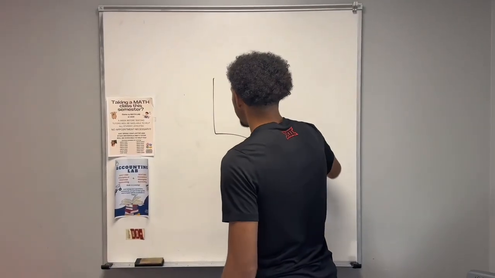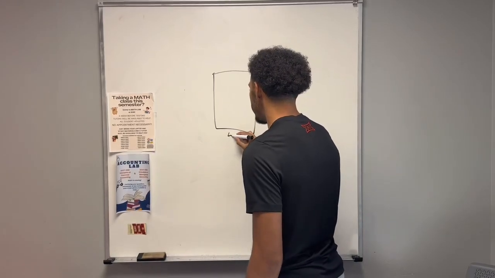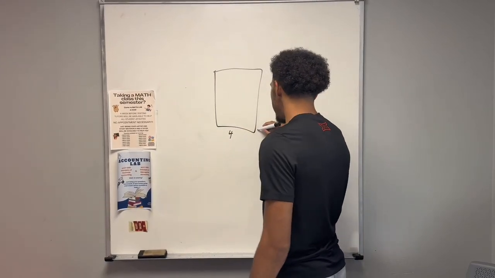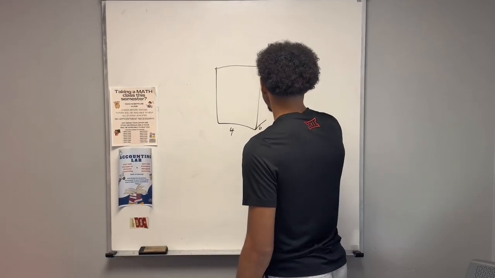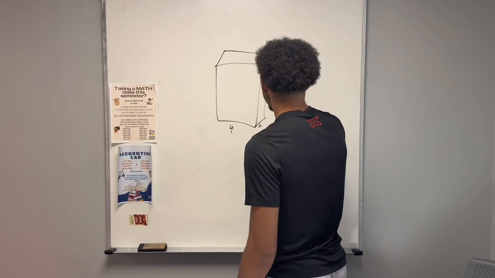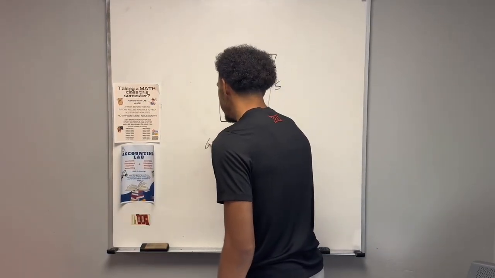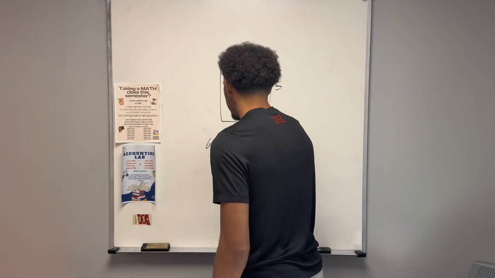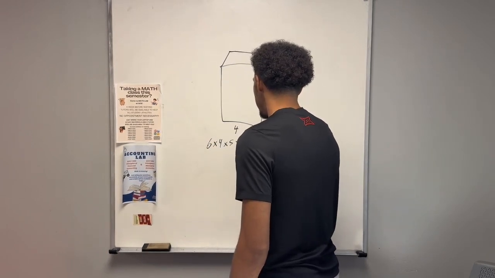From the rectangle from our previous question, we have a width of 4, a length of 6, and we make a height of 5. So we would do 6 times 4 times 5, which would equal 120.